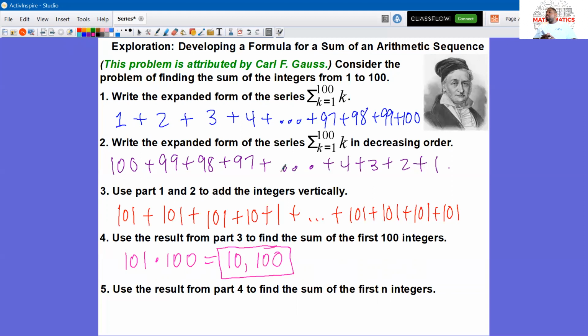Okay, now it says use the result from part 4 to find the sum of the first n integers. So actually what we did was we added these 2 times. So what we want to do is take this here and divide it by 2, because technically we added it twice. So take 10,100, divide that by 2, you get 5,050.